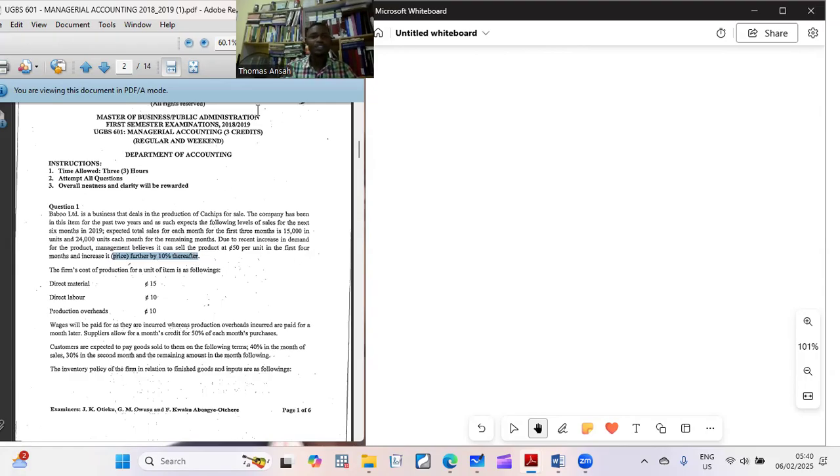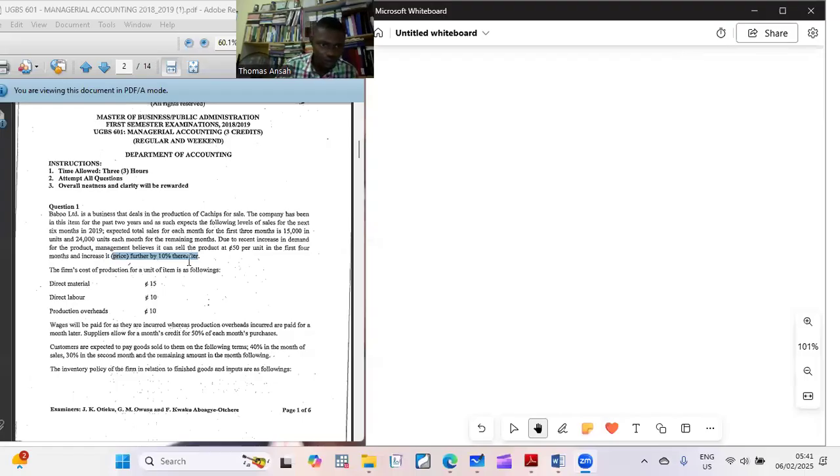So that 10% cannot be assumed to be a monthly 10%. So you have to be very, very careful about how the question puts it. All right. So those are the dangers there. So if they tell you that every month it will be increasing 10% of the previous amount, then you check your previous amount to do it. So that is it. Okay. All right. So that's it.